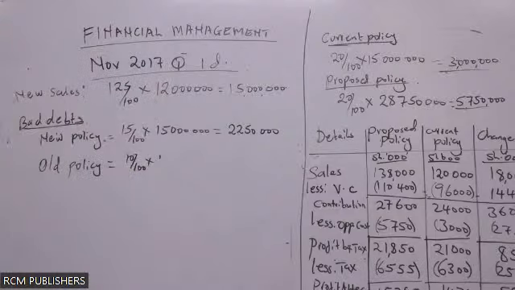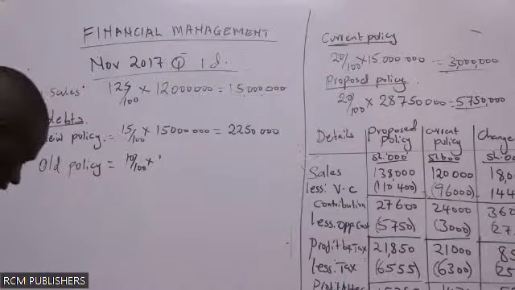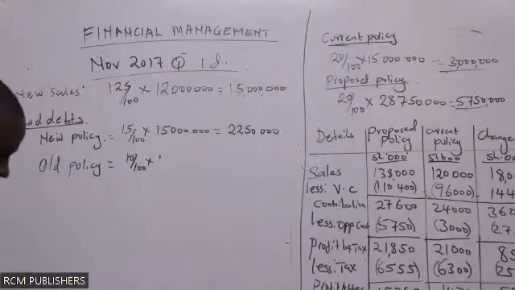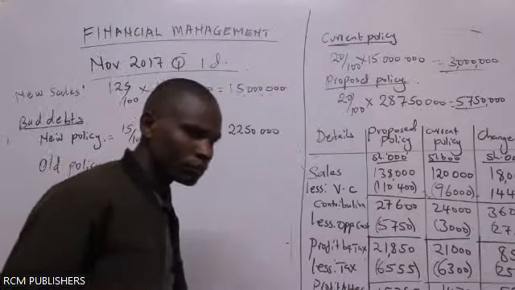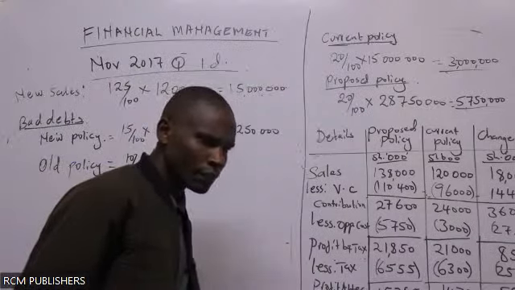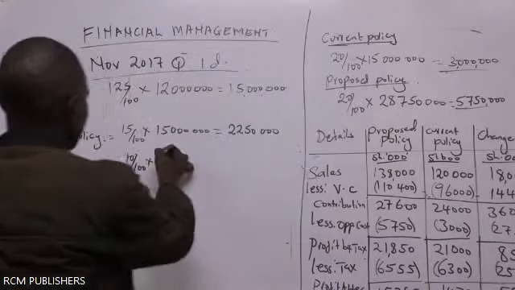Now we need to get the other one. How much will the other one be? Yeah, still 15 million.